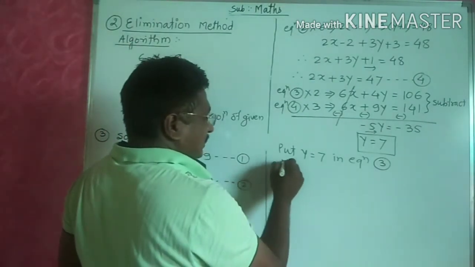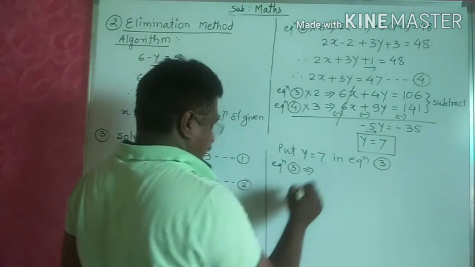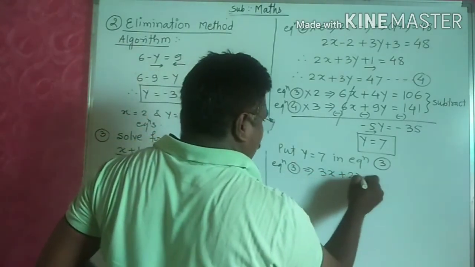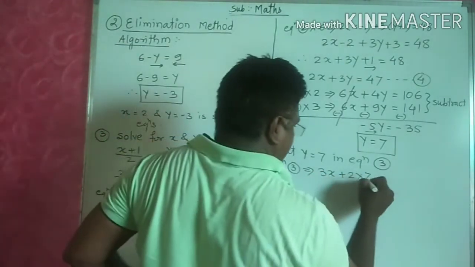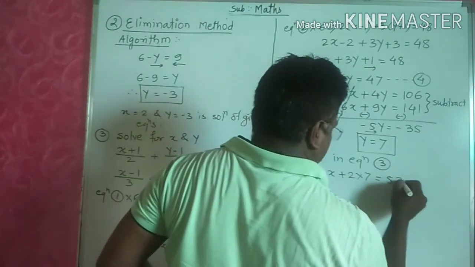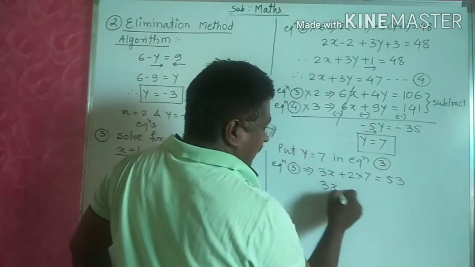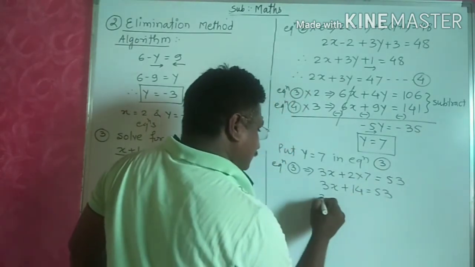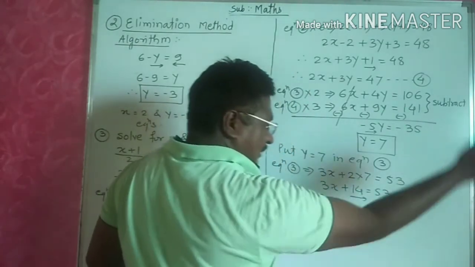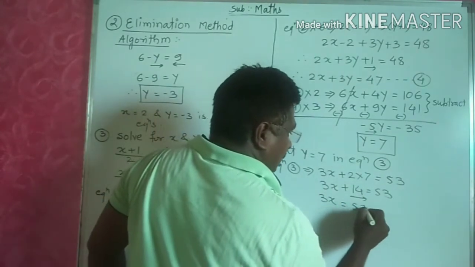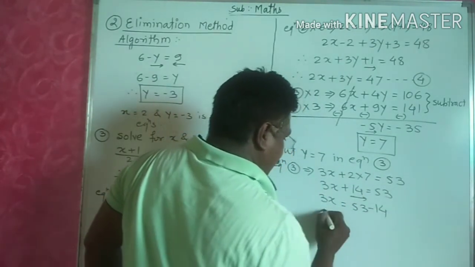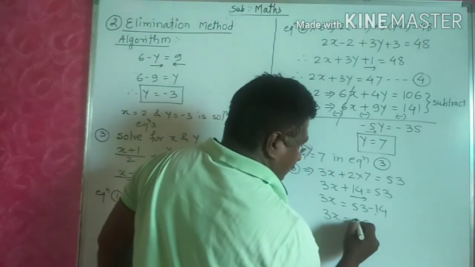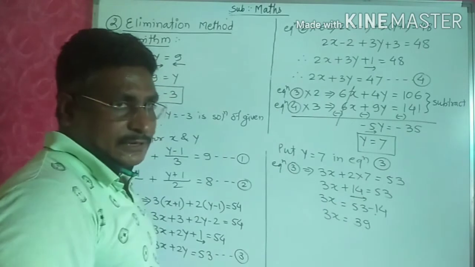So equation 3 becomes 3x plus 2y. What is the value of y? 7. Equals 53. 3x plus 14 equals 53. Transfer 14 to that side. 53 minus 14, so 3x equals 39.